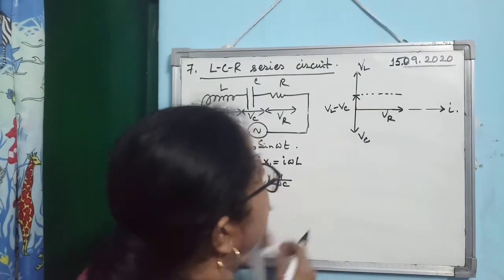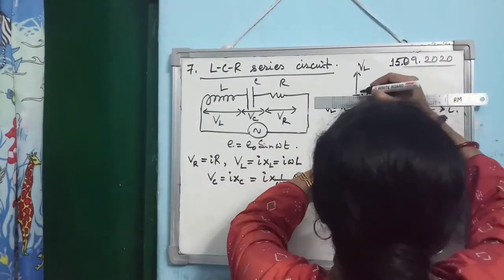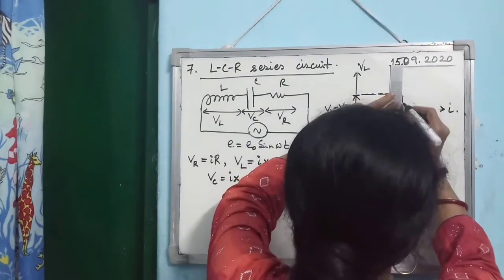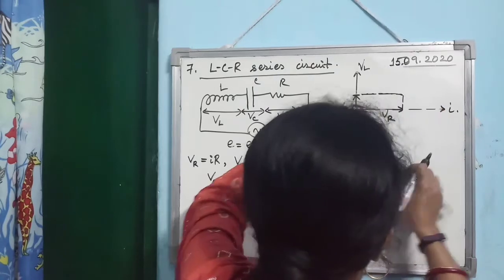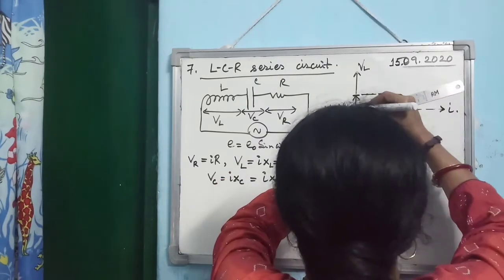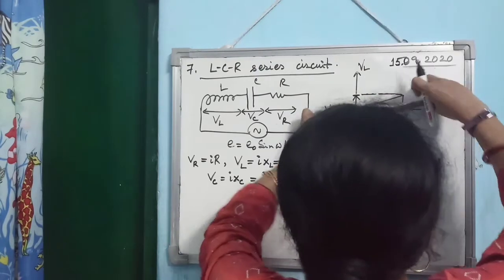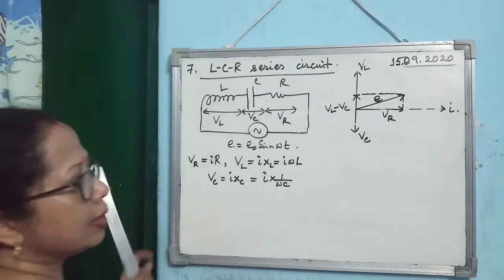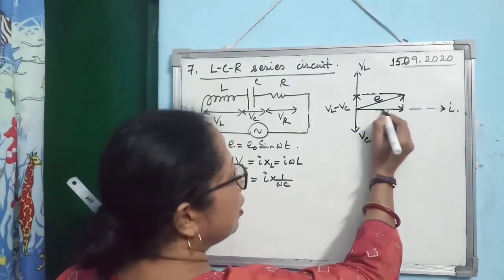So if you complete the, let me use the scale as I am having it already. So if you complete the parallelogram, it will be a rectangle here, and draw the diagonal, then you see this will be E. Alright, I hope you have understood.